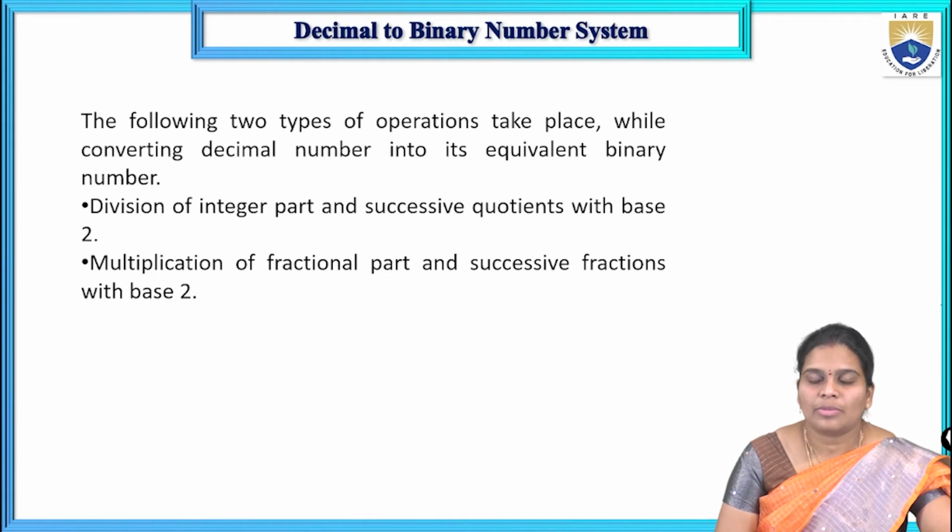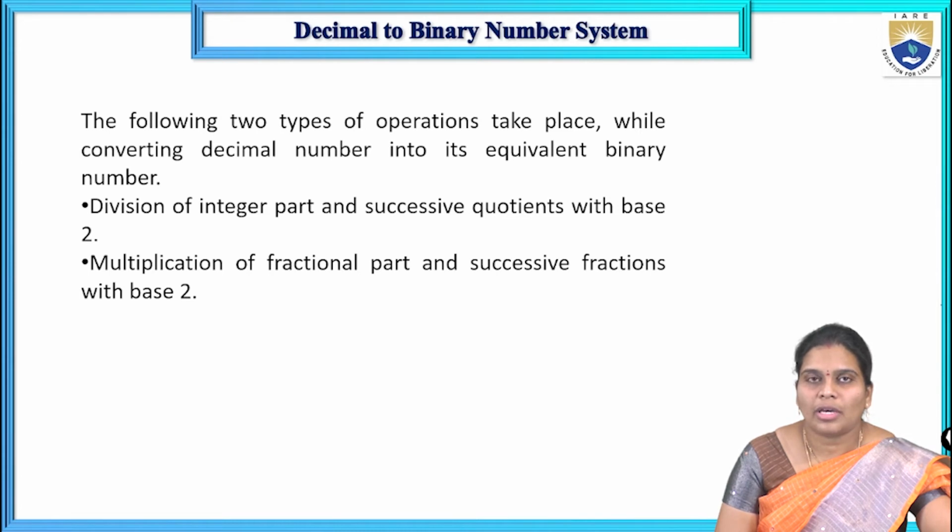This procedure will continue till 0. Then I want to write the resultant value from bottom to top. This is the procedure for decimal to any other number system, not only binary, but octal or hexadecimal number systems also.